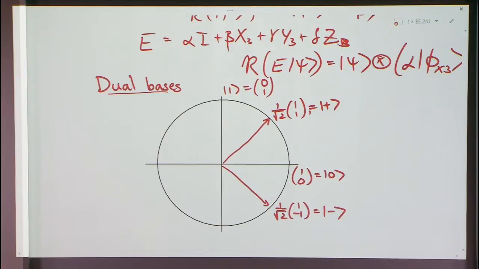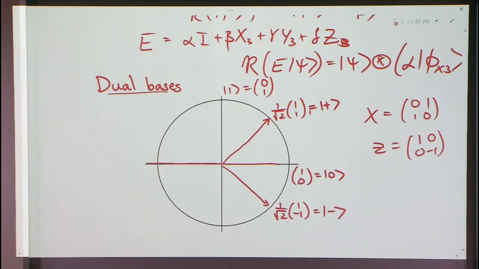The point here is that if you remember X and Z again, X switches 0 and 1, and Z puts a relative phase on them. So Z leaves the x-axis in this picture alone and flips the y-axis, whereas X swaps the two. So X leaves ket plus alone, because if you switch the two coordinates, it leaves (1, 1) alone.